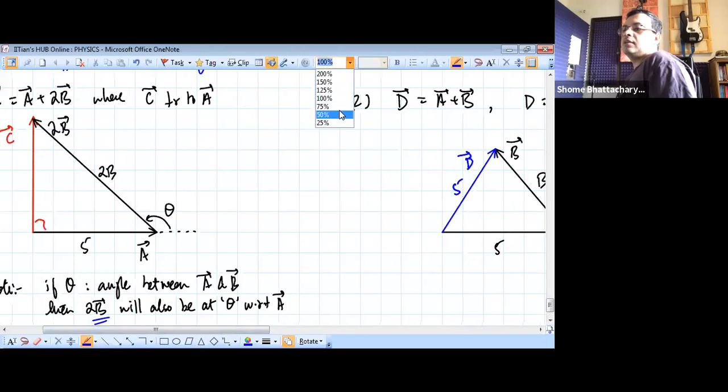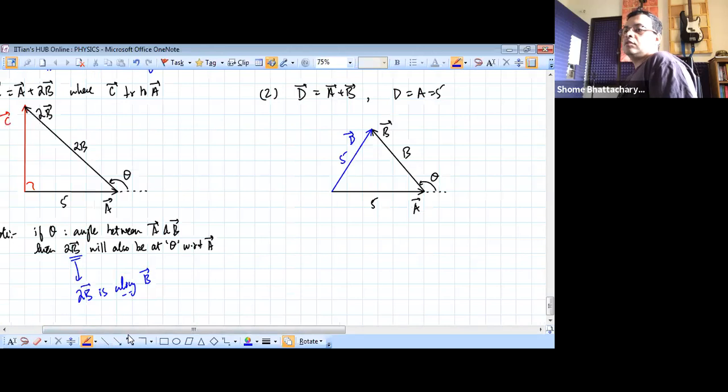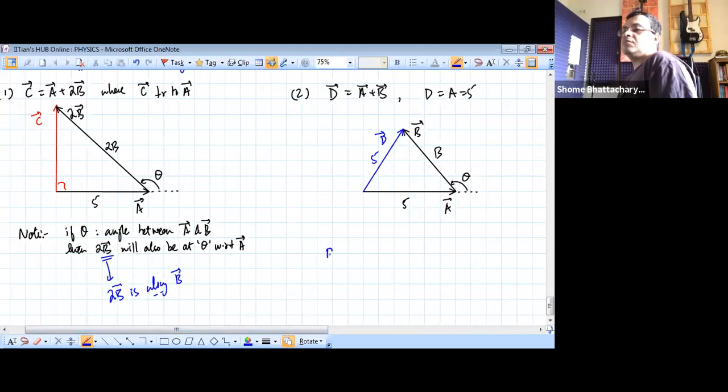Now in the two triangles, what all are unknown to me? B's magnitude is unknown, theta is unknown. So I need equations to solve them. C's magnitude is also unknown, but D's magnitude is known, A's magnitude is known. So from the first triangle, I can use Pythagoras theorem.